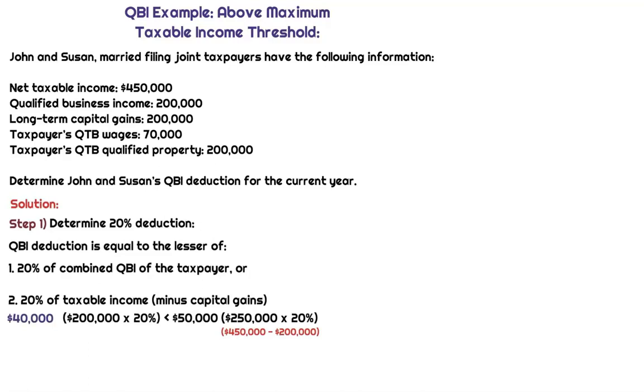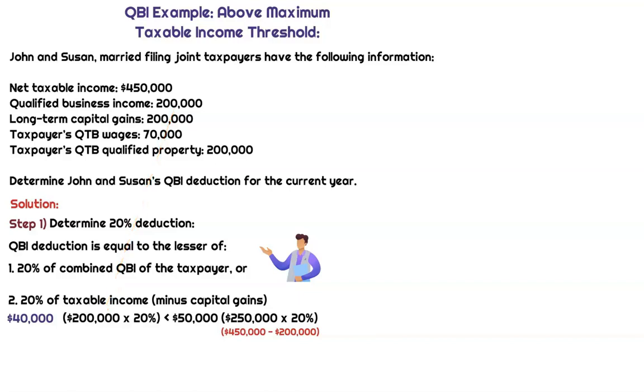Step 1 is determining limitation number 1, which is going to be the QBI deduction being the lesser of 20% of the combined QBI of the taxpayer, or 20% of the taxable income amount less capital gains. All right, so 20% of QBI is 20% of $200,000. Okay, so that's going to be $40,000 tentatively.